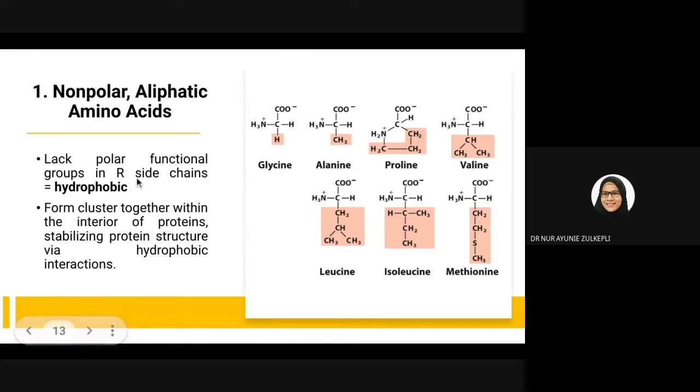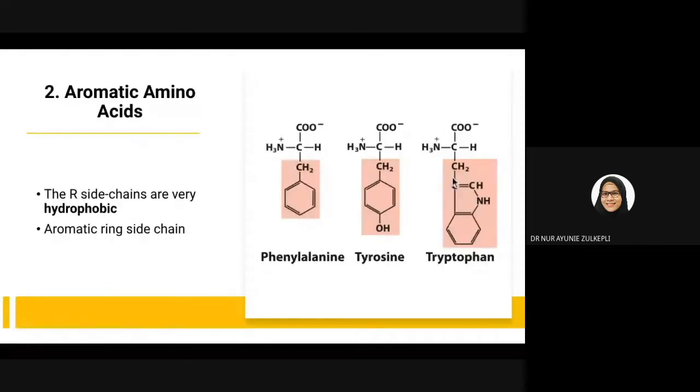So it usually forms a cluster together within the interior of the proteins it makes, and it stabilizes the protein structure via hydrophobic interaction. Phenylalanine, tyrosine, and tryptophan all contain an aromatic group, and the side chains here are very hydrophobic. So that is why they belong in the hydrophobic, non-polar group.